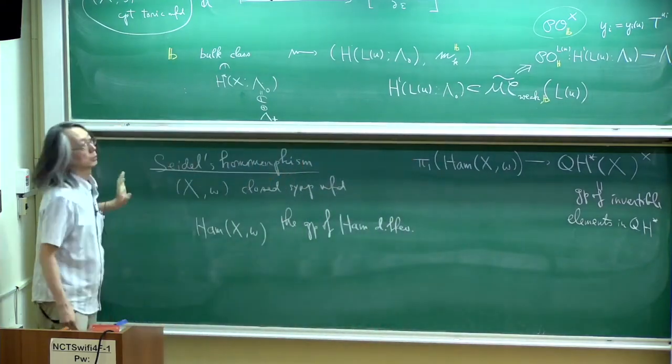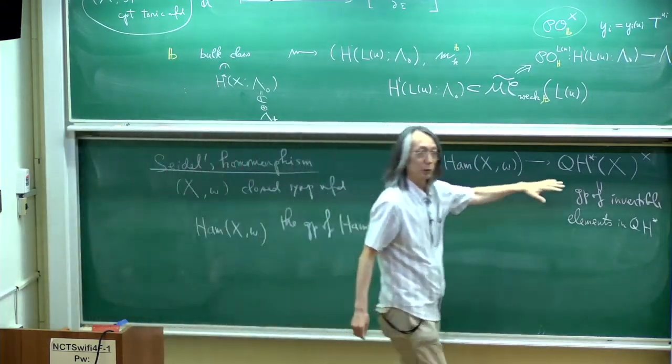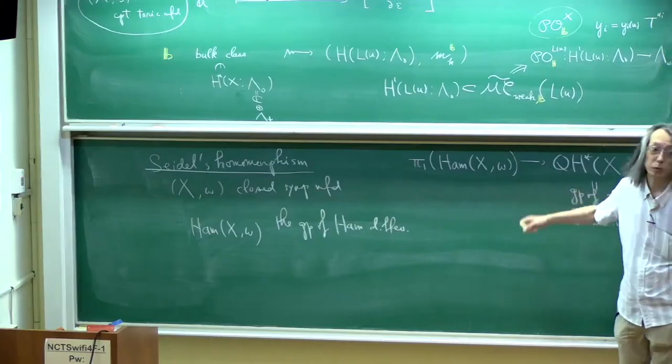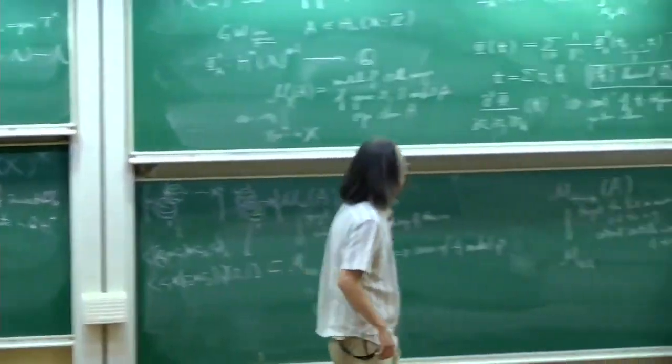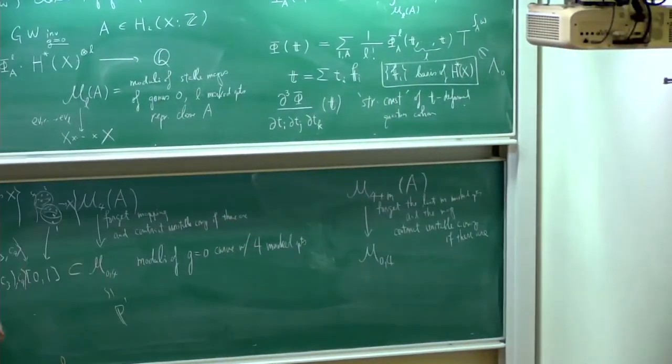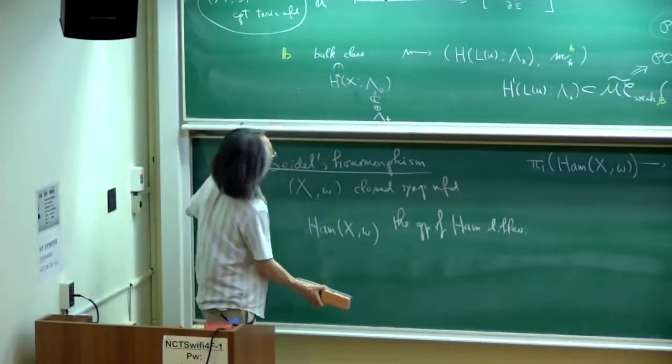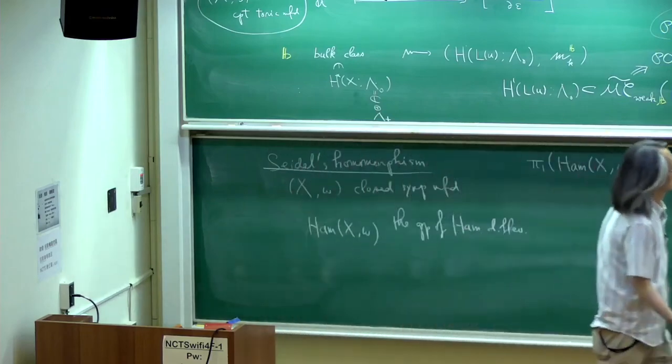So Seidel noticed there is such a homomorphism, and he constructed this. And in the toric case, at least, McDuff and Tolman used this to interpret the quantum Stanley-Reisner relations. So I just briefly discuss this.